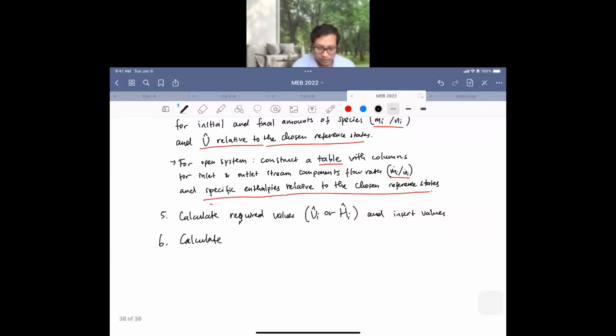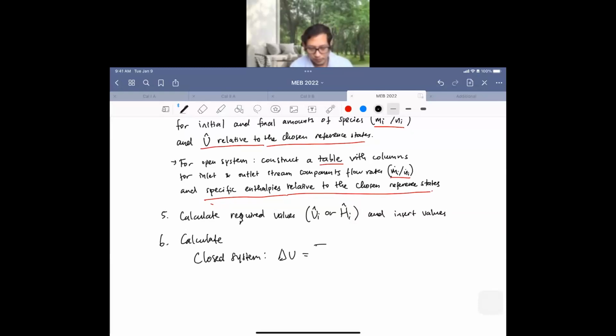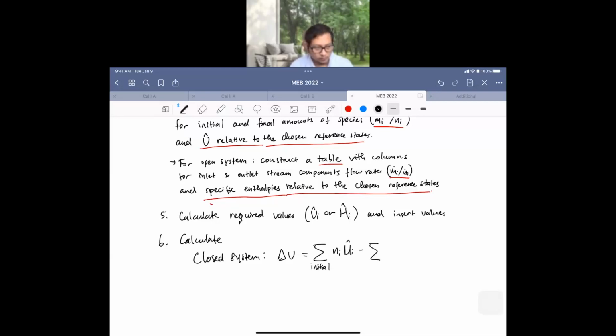So for the closed system, the delta U, sorry, should be final minus initial.